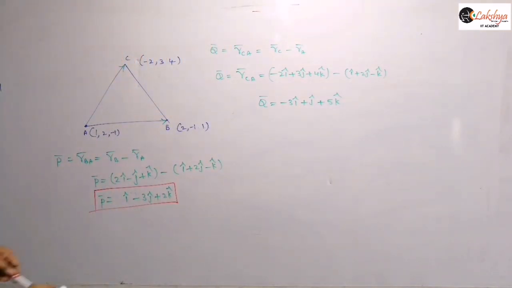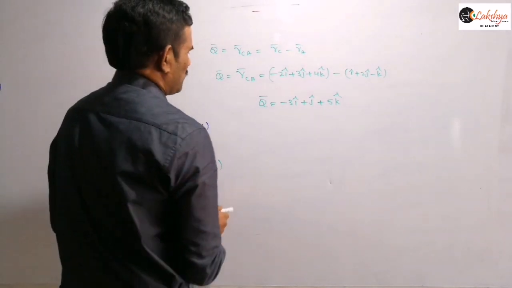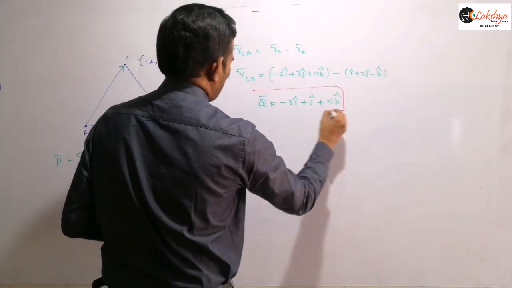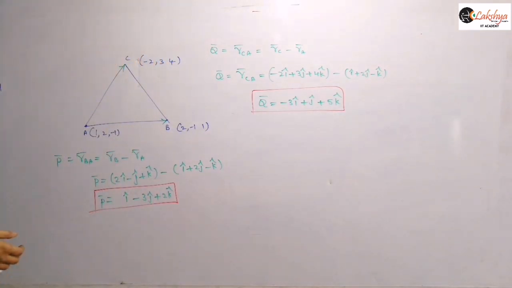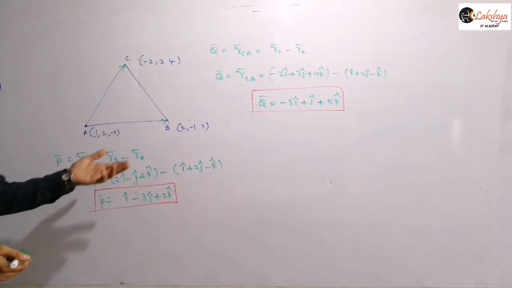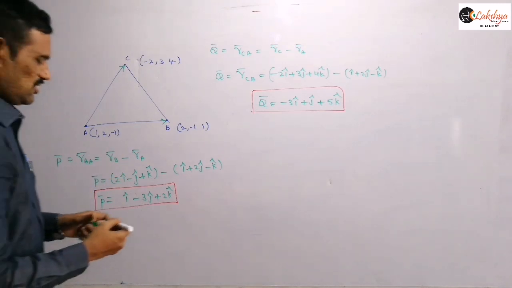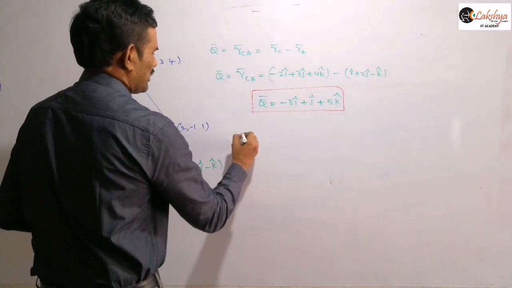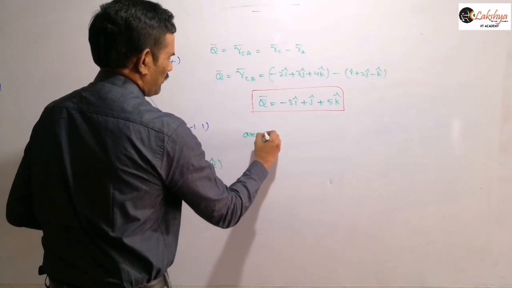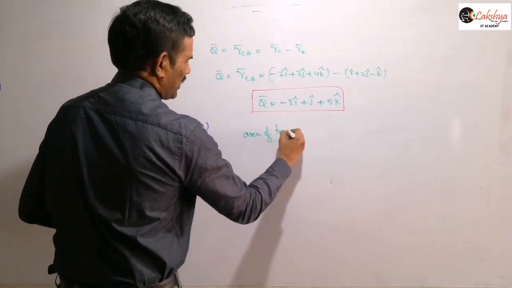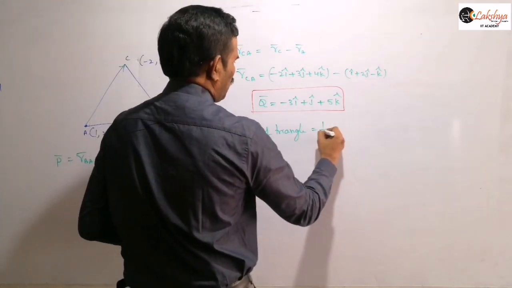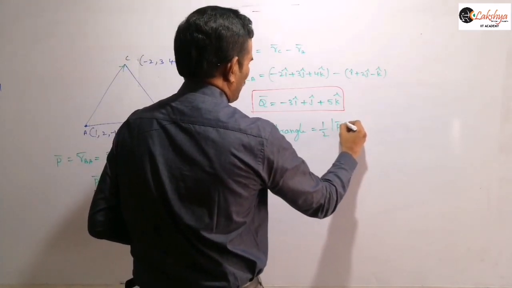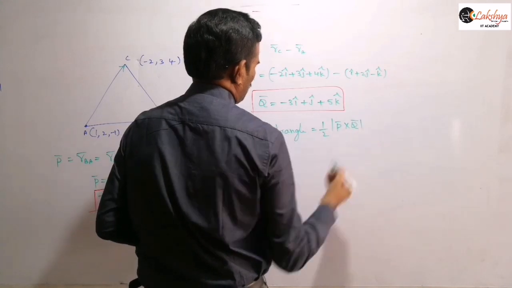Now we know the two sides of this triangle here. So we got now the two sides of the triangle. Any two sides we can find like that, right? And by using this we can find the area. So the area of the triangle we can write as half of mod of p bar cross q bar, right?